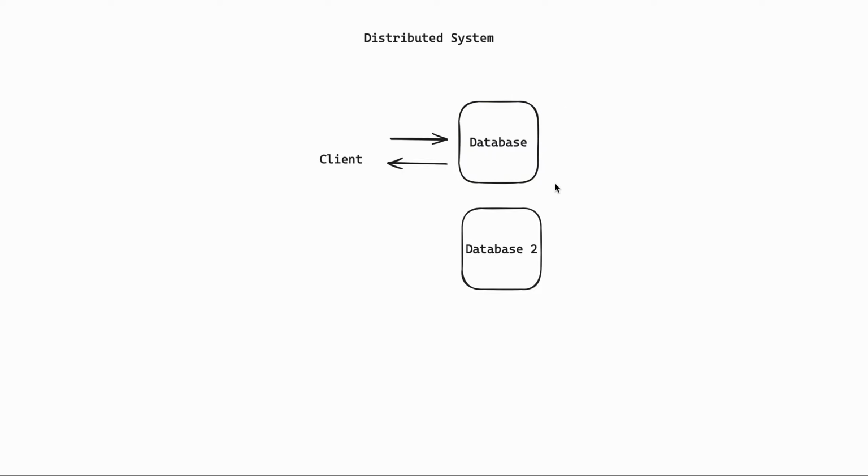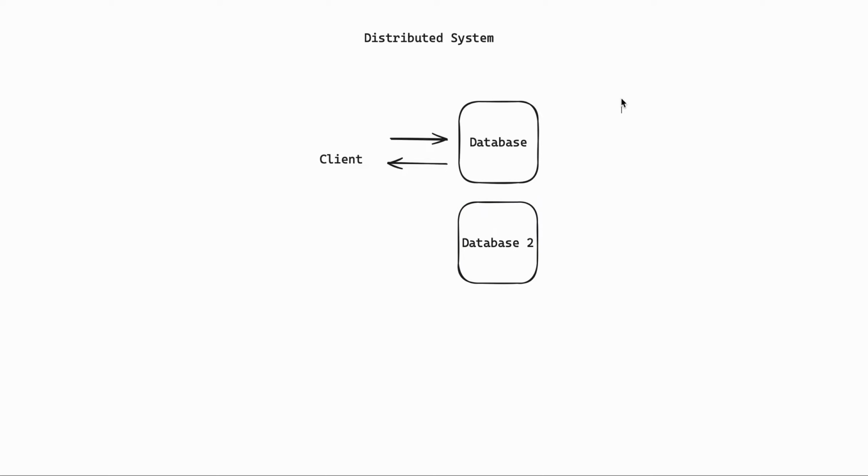So a distributed system is more than one process or machine that solves a particular kind of problem, in a wide variety of ways. Here we understood what a distributed system is.